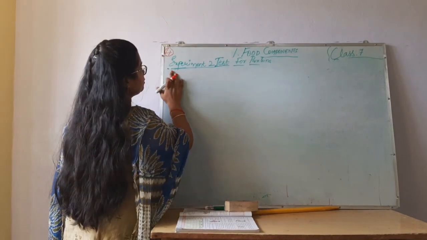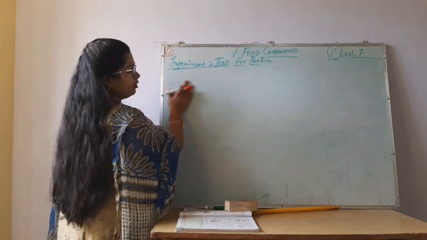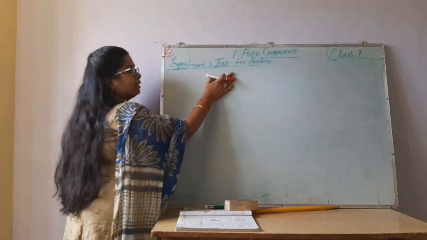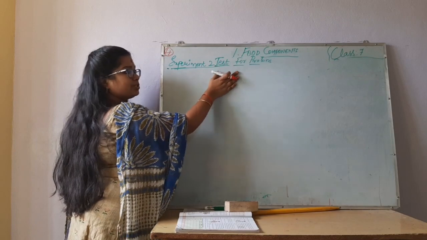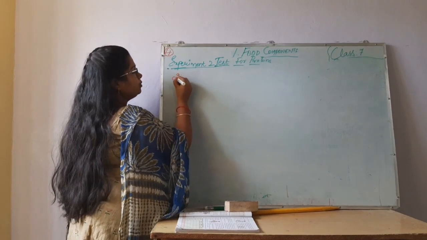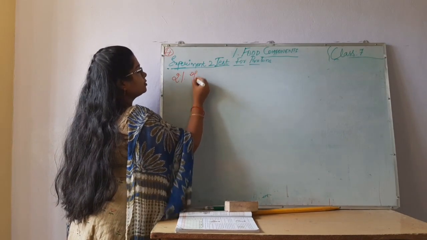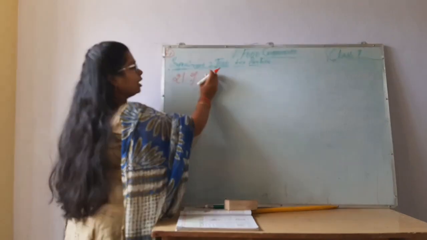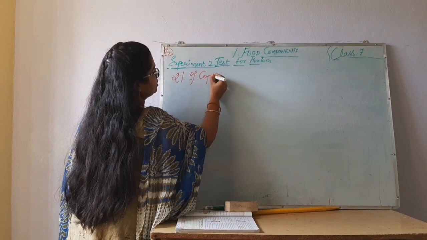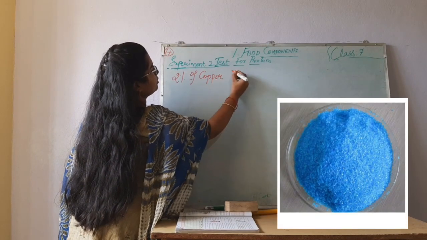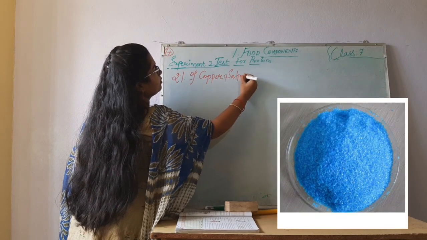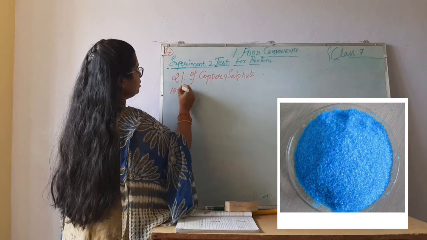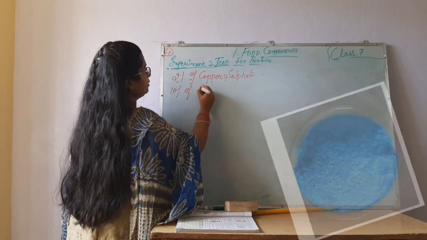You need to prepare, you need to take what? Before writing the procedure and all, I want to tell you one thing. See, this is very important. To test proteins, you need 2% of copper sulfate. 10% of sodium hydroxide.